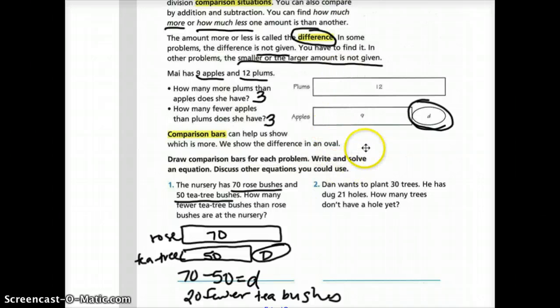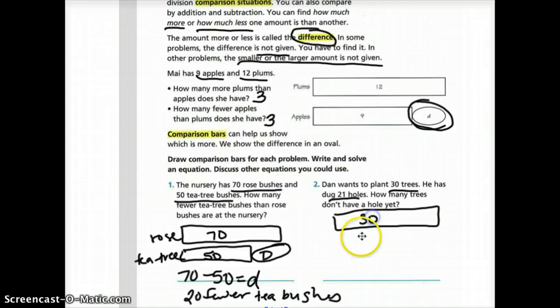Alright, let's look at number 2. Dan wants to plant 30 trees. He has dug 21 holes. How many trees don't have a hole yet? So which is the larger number? Who has more? Well, 30 trees has more than 21 holes, so 30 trees goes on top, and 21 goes on the bottom.